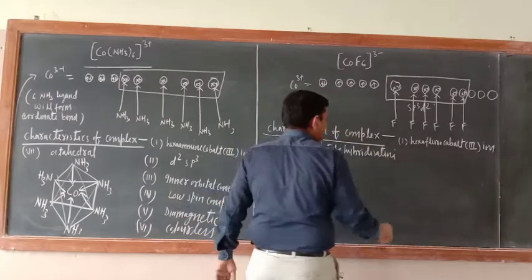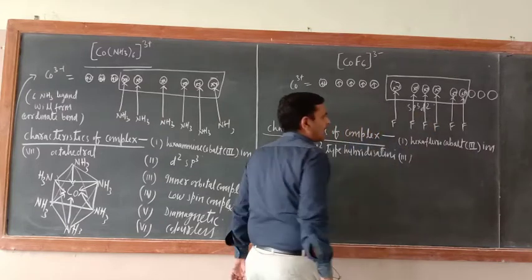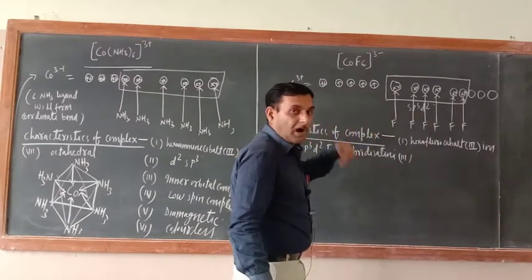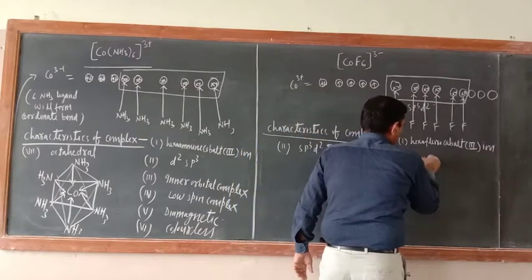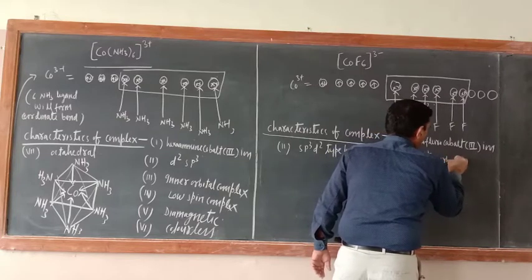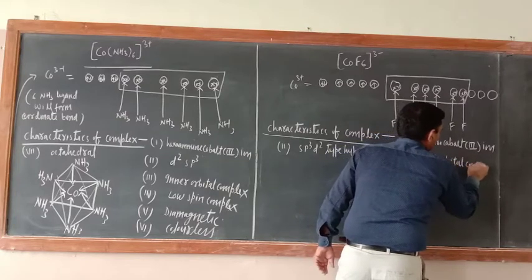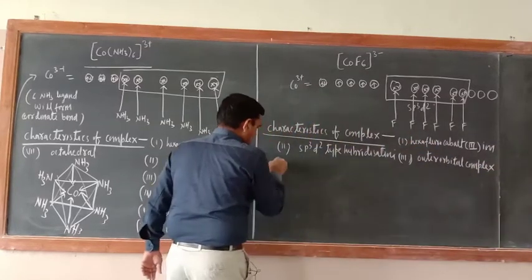Now what is the next characteristic? Third: which d orbital has been taken? Outer nd orbital has been taken. So outer orbital complex. Now what is the next number?